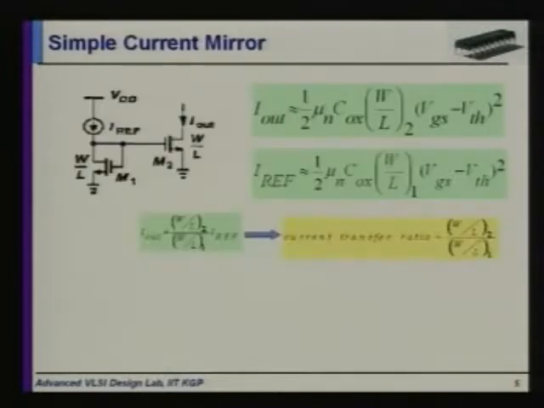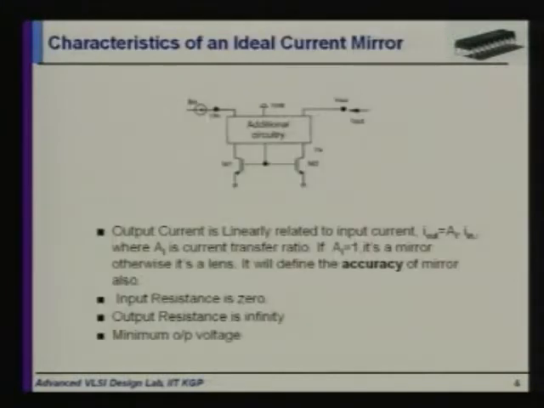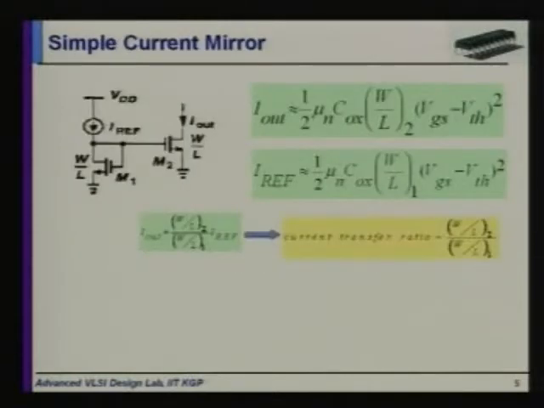Now this is the simple current mirror. From the first schematic diagram, it is nothing but the diode connected MOS on the left side, that is M1, which is driven by a current reference, which is a current source, not a sink.